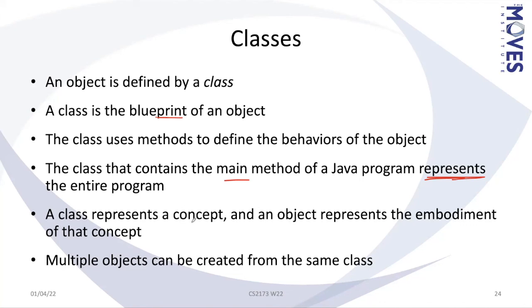Another way of thinking of it is that the class is a concept, and the object represents the embodiment of that concept. Multiple objects can be created from the same class. In the case of the program I was writing, one of the classes I define is a part. Since there are literally hundreds of thousands of different types of parts, there can be tens or hundreds of thousands of instances of that same part.